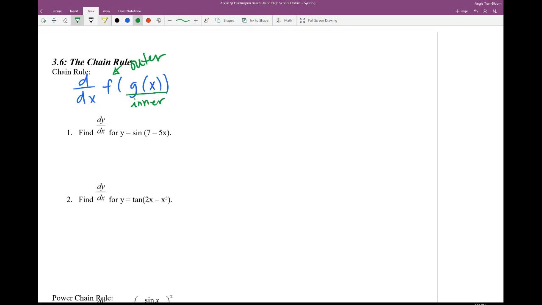So when you take the derivative, the derivative of that is f prime, and I'm using prime notation, of the inner component still, times g prime, the derivative of the inner. So what I'm saying is that you are taking the derivative of the outer times the derivative of the inner.